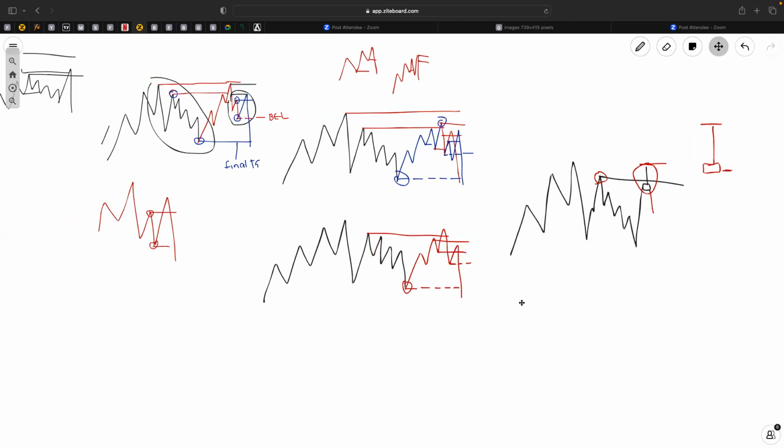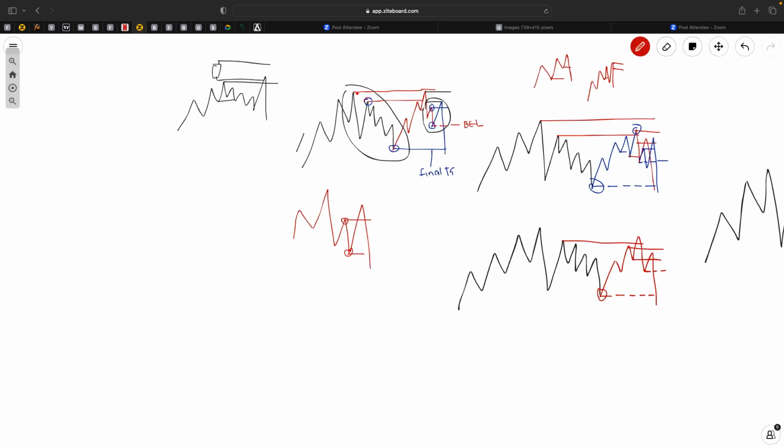What this now tells you is, it is not necessary that it has to be this type of pattern. What I'm trying to tell you is that I am assuming that all these highs are liquidity. They can be anywhere. It can just be like this: previous session high, previous this high.